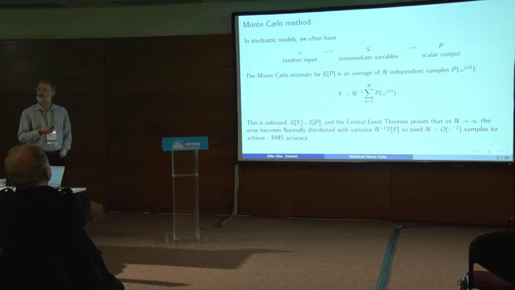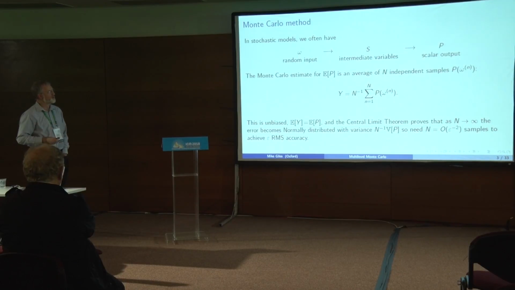And then typically, we have to solve some intermediate problem, generating these variables S. And then having done that calculation, there's a single output quantity of interest P. And here, I'm going to start by assuming that that's a scalar output quantity. And then what we're interested in trying to estimate is the expected value of that output quantity P.